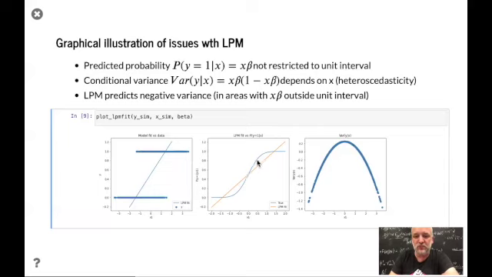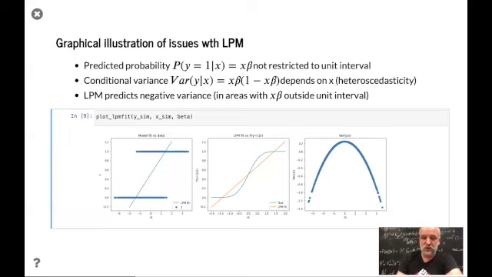It may not get the slope of the true underlying probability right, but on average, if you average over all the observations in the data, the slope of this curve is going to be quite close to the slope of this curve. So if your interest is really the average partial effect, then the linear probability model can be a pretty good approximation.